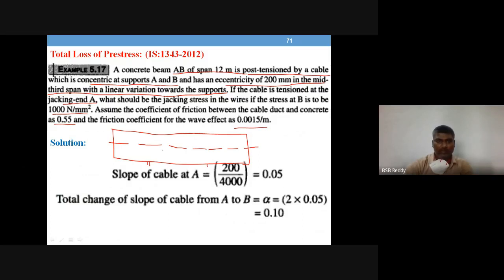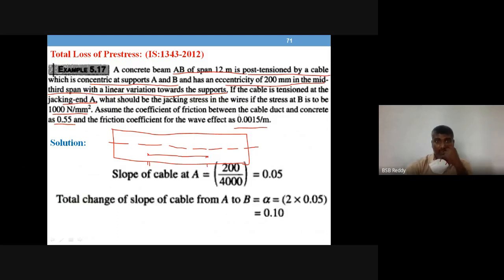There is no information on the size of the member, so depth we are not sure what it is. Only the span is given, and eccentricity value is given. This is the middle third portion, and this middle third has an eccentricity of 200 mm.